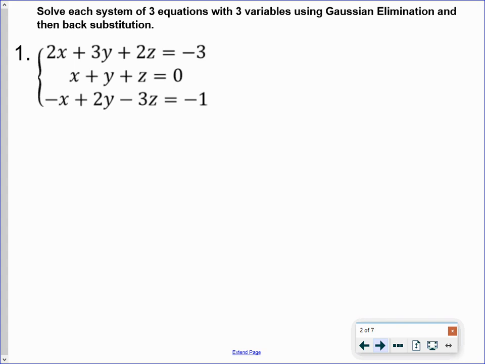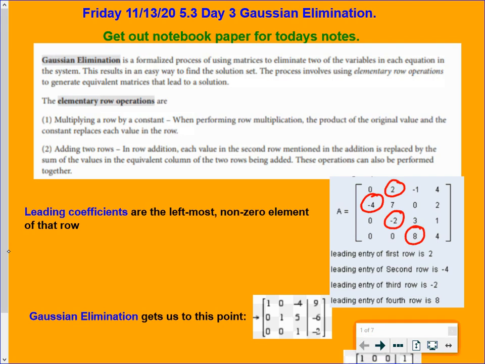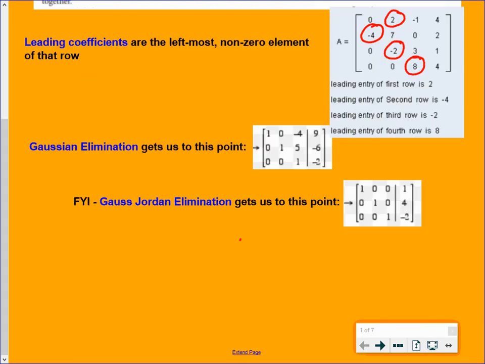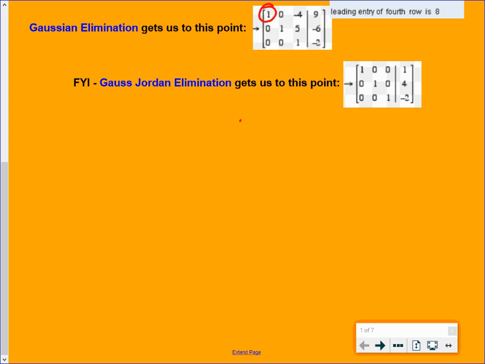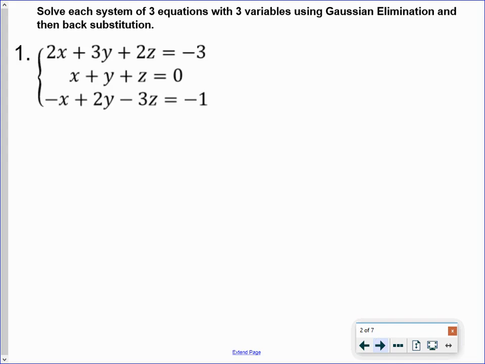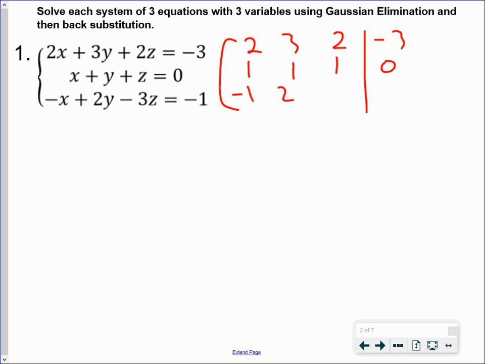Because remember, if you go back and look at the Gaussian eliminated matrix over here, the coefficient of the very first variable, or the very first entry in the matrix, has to be 1. So if I go back to my problem, if I kept it as is right here, and I put this into a matrix, I end up getting 2, 3, 2, -3, 1, 1, 1, 0, -1, 2, -3, and -1.